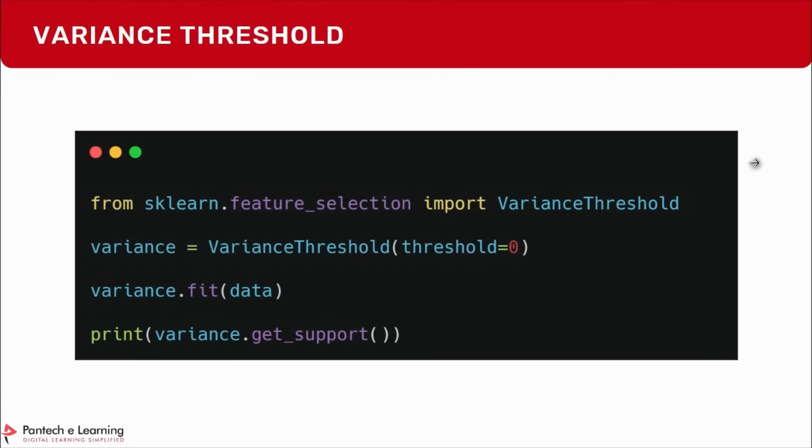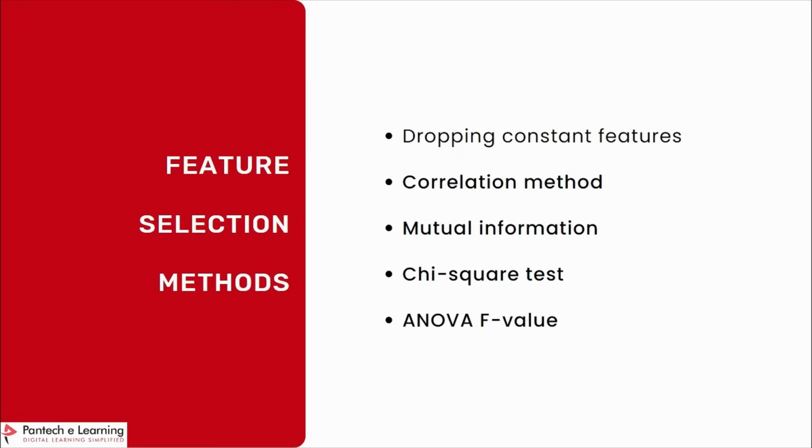From now on we'll be using get_support, etc., which I'll tell you. These are some of the basic methods which most often we won't use: variance threshold, and the next few methods, the last 2 or 3 here like correlation, we won't use much further. Mutual information, chi-square test or ANOVA F value are used very often, and we'll see that.